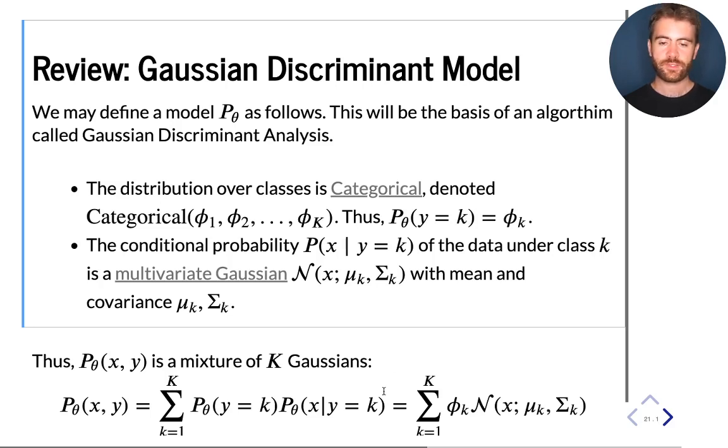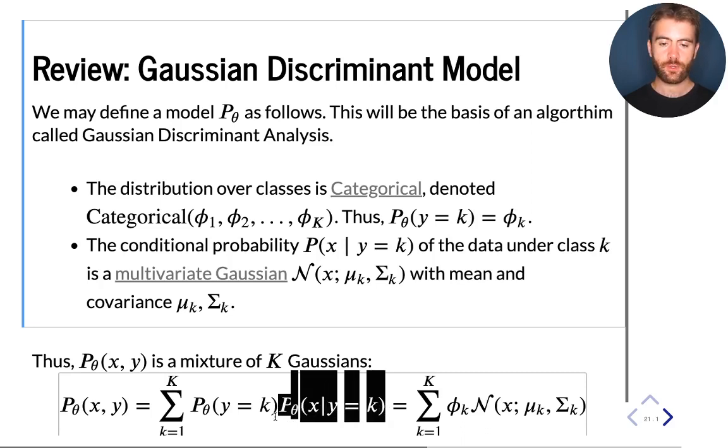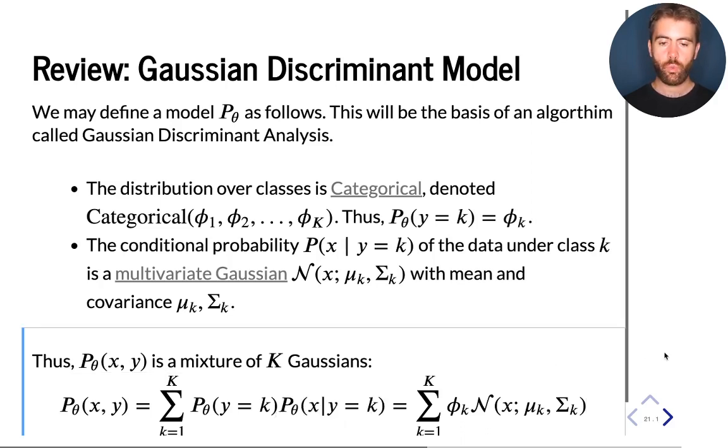And then the second part of the distribution that we want to define is the distribution of x given y, and this can be a Gaussian. And now plugging in these two definitions here, we have a mixture of Gaussians. And so this is the model that I have defined earlier, and this is the model that will be the basis of the Gaussian discriminant analysis algorithm. Let's now see how we can learn this model from data.